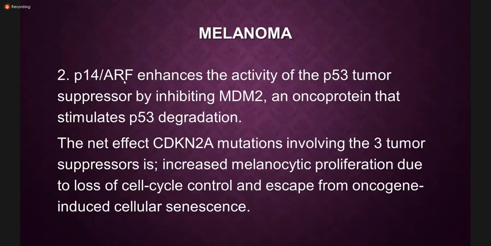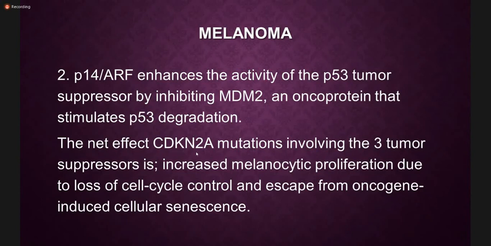Now coming to the third one, P14. P14 enhances the activity of the P53 tumor suppressor by inhibiting MDM2, which is an oncoprotein that stimulates P53 degradation. So basically P14 helps in the function of P53 by inhibiting the inhibitory protein for P53, which is MDM2.